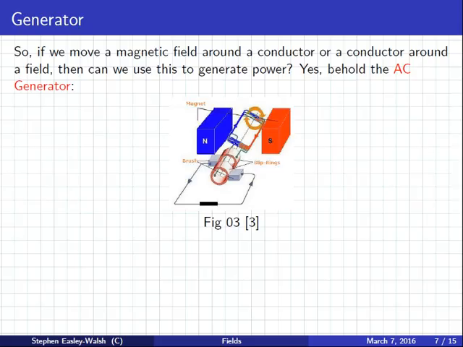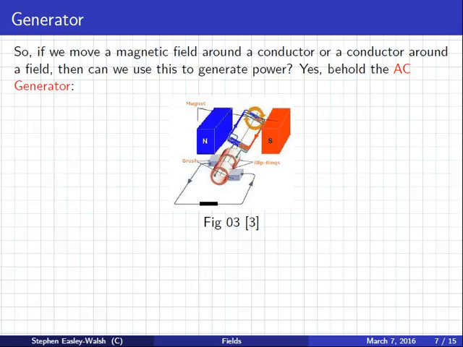And then there's another brush coming out here, touching the second slip ring. So this half here is always connected to this slip ring. So in other words, there's no break. They're in constant contact. And then they're connected to like a resistor, a light bulb, or something like that.